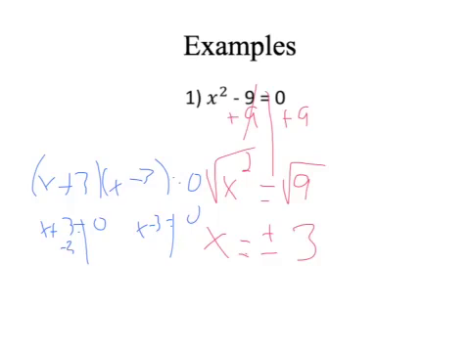Okay, so we would subtract 3, x would equal negative 3. Here we would add 3, so x would equal positive 3. So right there it shows you that when you did it by factoring, you got positive and negative 3. You get the exact same answer when you do square root, it's just a lot less steps involved.